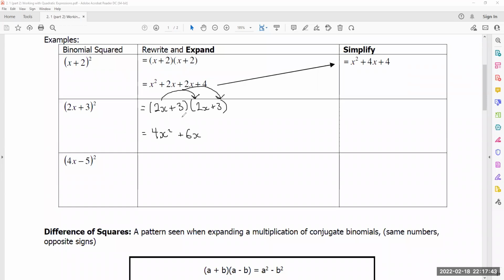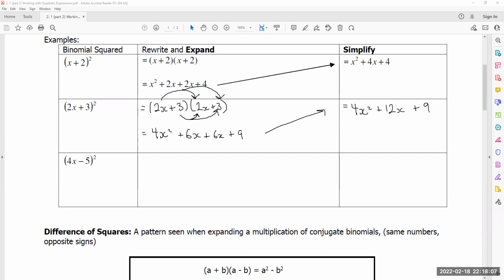Once the first term is done, the second term gets a chance to multiply with every single term in the second binomial. So 3 times 2x is 6x. 3 times 3 is 9. And so you take that and then you simplify by grouping like terms. You get yourself 4x squared plus 12x plus 9.